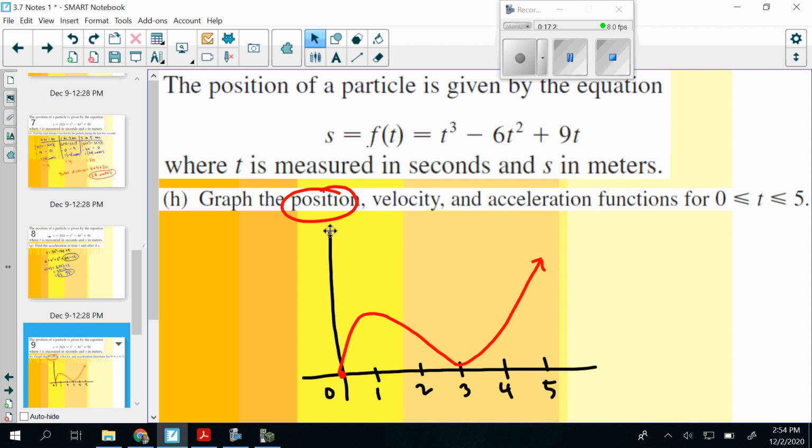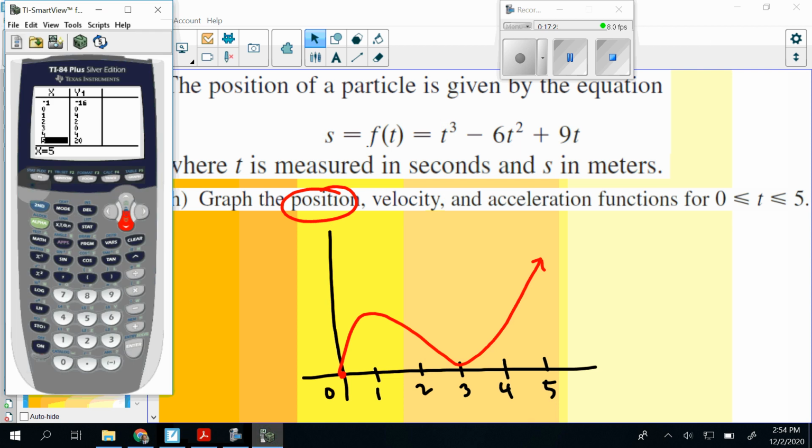Let's graph our velocity. So we'll go back to our calculator here and type in the velocity function that we've been using. Our velocity function was 3x squared, minus 12x, plus 9.